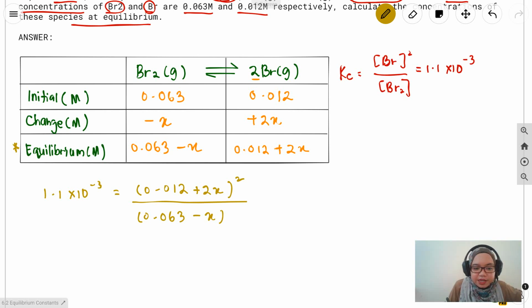This one you will need to expand, multiply with this one, and then bring this over so it equals 0.